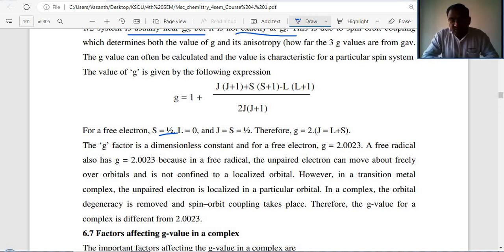Then g is equal to 2, with J equal to L plus S.